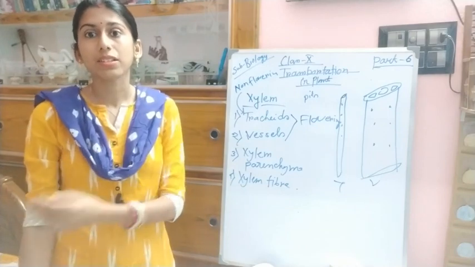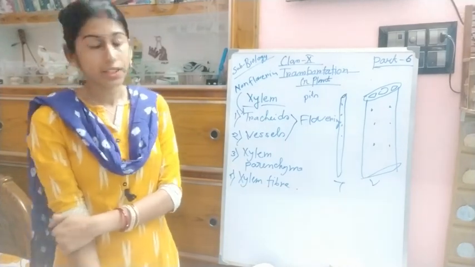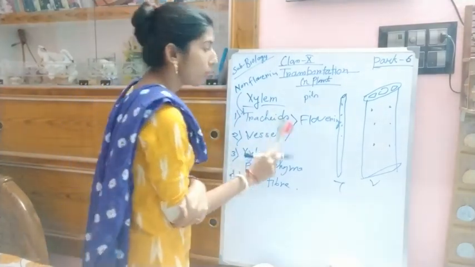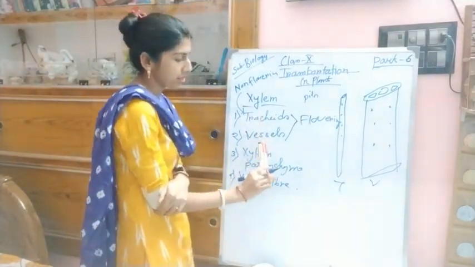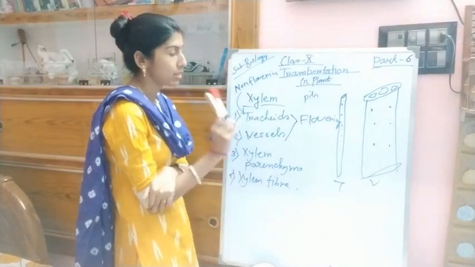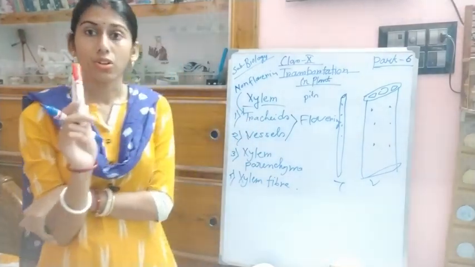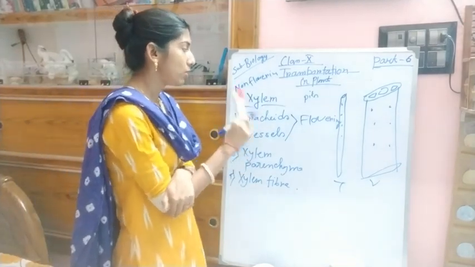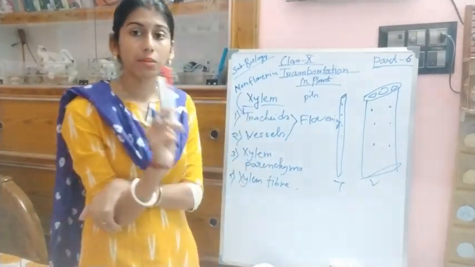Tracheids and vessels are tube-like structures which help in transportation of water and minerals. In flowering plants, both tracheids and vessels perform that role. But non-flowering plants do not have vessels, so only tracheids play a role in transportation of water and minerals.